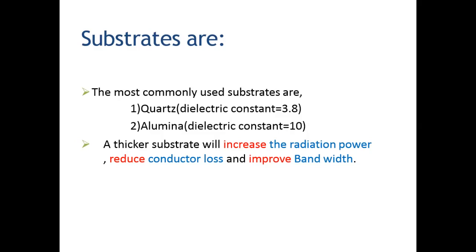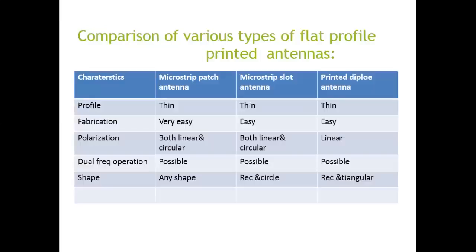These are very, very important, depending on the substrate. So whenever you use a thicker dielectric material, then only will you increase the radiation power, reduce the conductor loss, and improve the bandwidth. Next, comparison of various types of flat profile printed antennas. Here, the characteristics: microstrip patch antenna, microstrip slot antenna, printed dipole antenna.